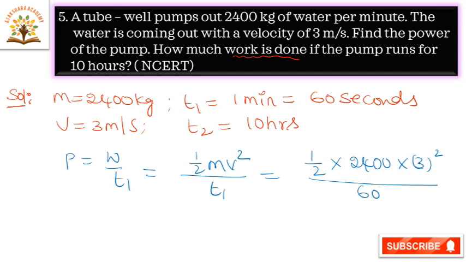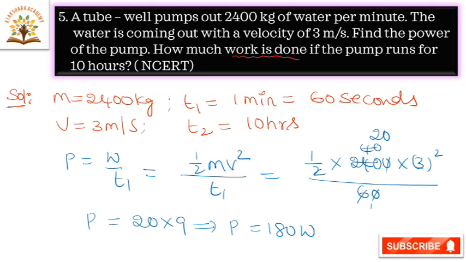Now taking cancellation, 0 and 0, 6 ones are 6, 6 fours are 24, 0, 2 ones are 2, 2 twenties. Here 20 into 9, we are getting P is equal to 20 into 9, that implies P is equal to 180 watts.